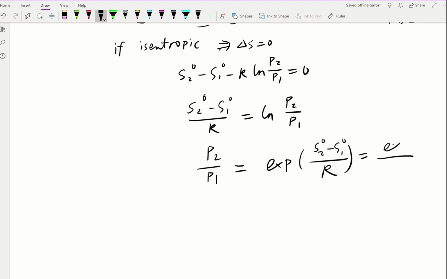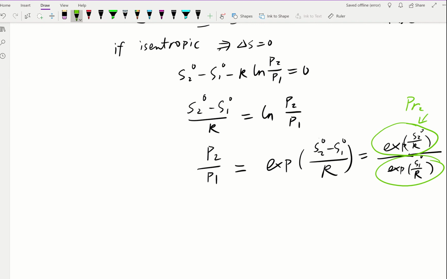It's basically exponent of S2 naught over R over exponent of S1 naught over R. All those are actually also in your textbook, so you can look at it. So here, this is something they put into the table. They said all of that, we're gonna say this is gonna be equal to PR2, and this is gonna be equal to PR1. And what's this R here mean? That means it's relative pressure.